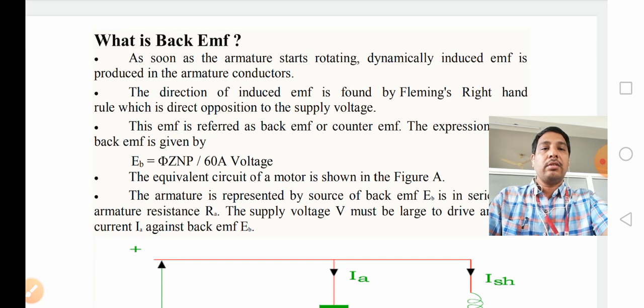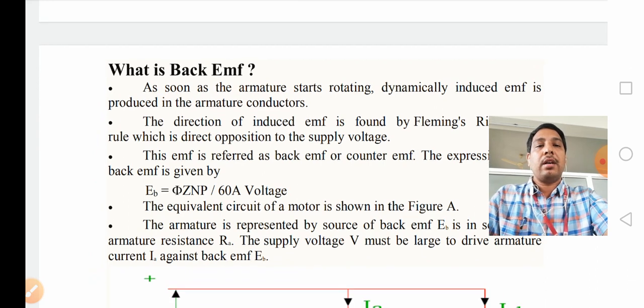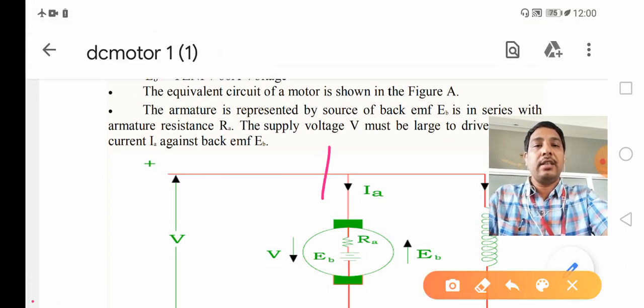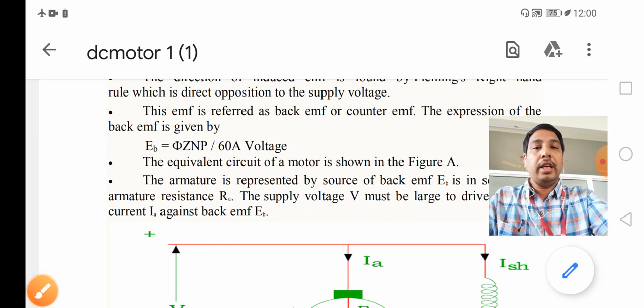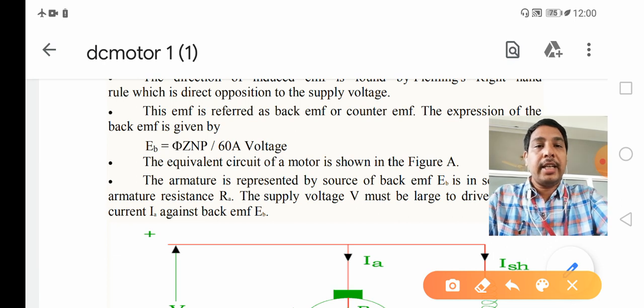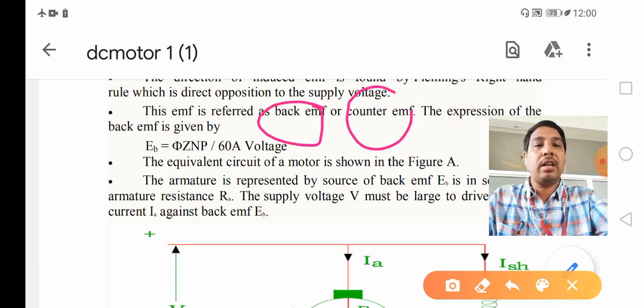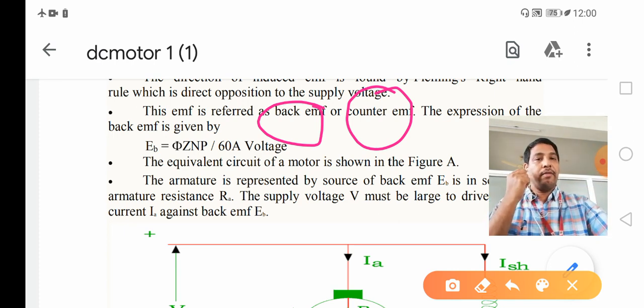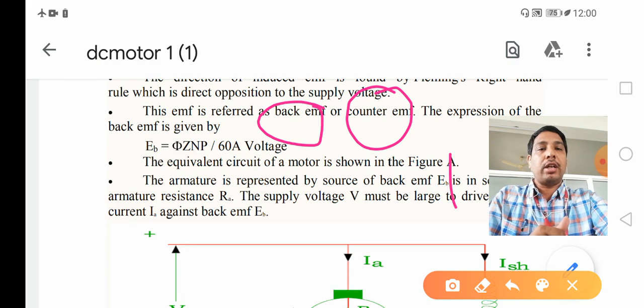EB represents exactly the back EMF or counter EMF. These are the different names we can use in the case of a motor.